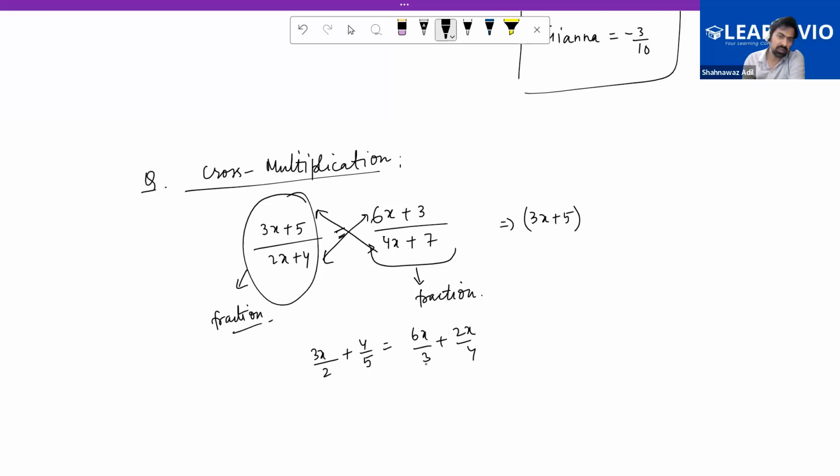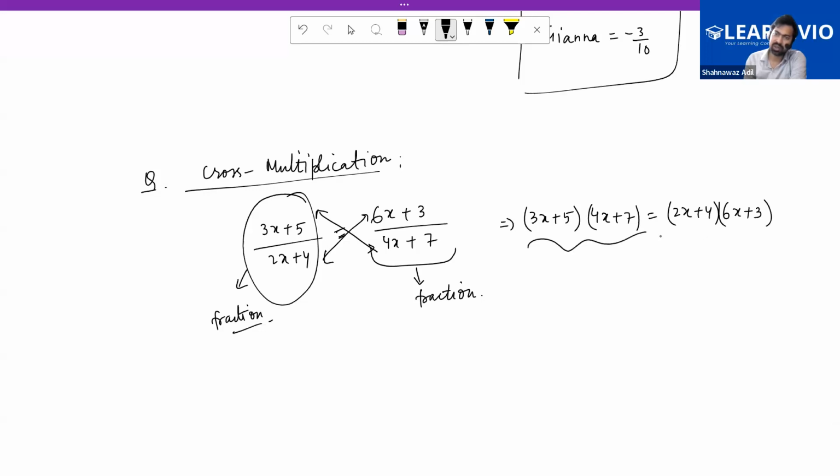So this cannot be cross multiplied, right? First you have to make a proper fraction, and then you can cross multiply. The whole expression should be a fraction. That is the idea. So first you multiply this with this, and then you multiply this 2x plus 4 with this.